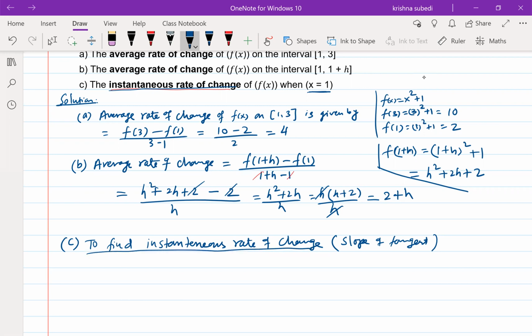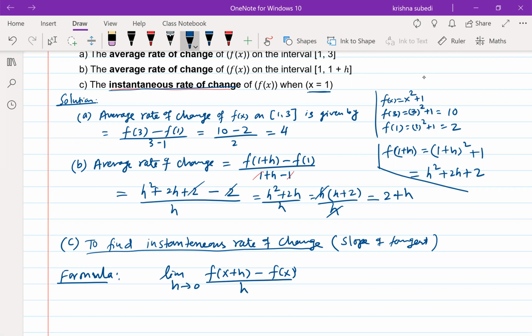here is the formula we have just seen. It is the limit as h tends to 0 of f of x plus h minus f of x over h.